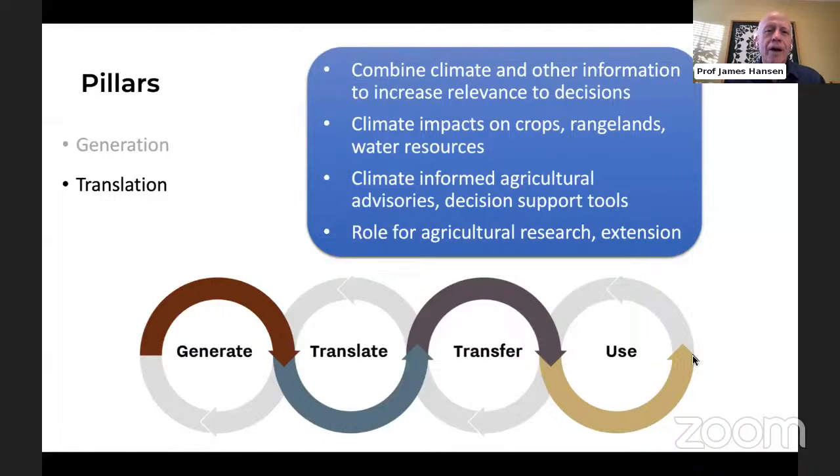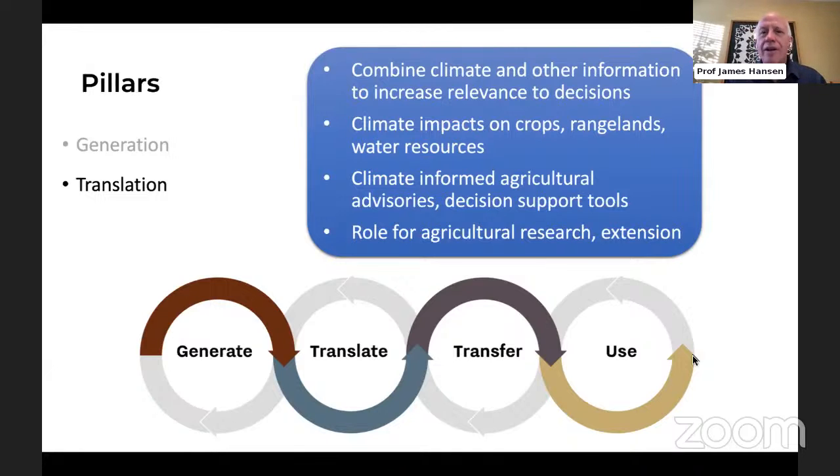We can also think of bringing climate information into agricultural management advisory, agriculture extension advisories, and computer-based decision support tools that can guide extension agents or commercial farmers to help them understand the impacts, the implications of their decision options.